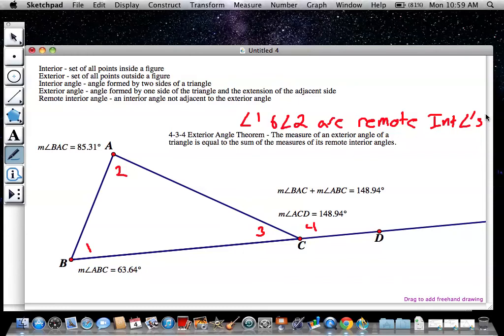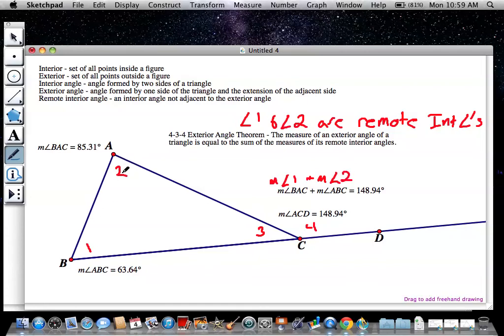Now, the theorem that we have is the exterior angle theorem. The measure of an exterior angle of a triangle is equal to the sum of the measures of its remote interior angles. So basically what this comes down to is the measure of angle 1 here plus the measure of angle 2.